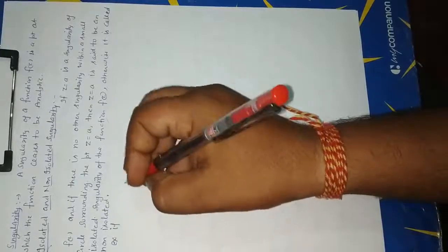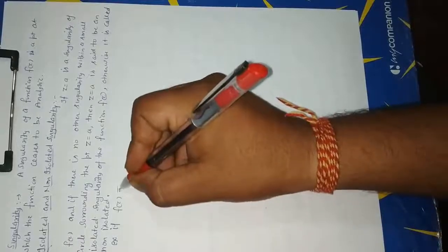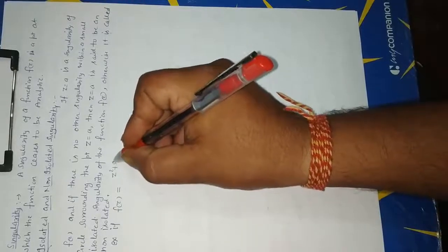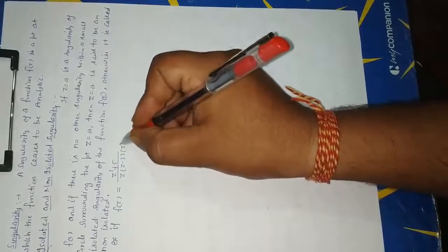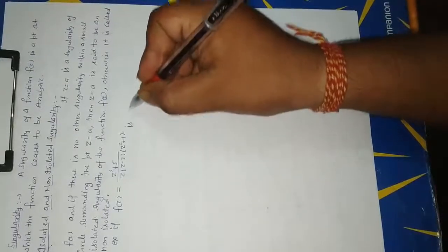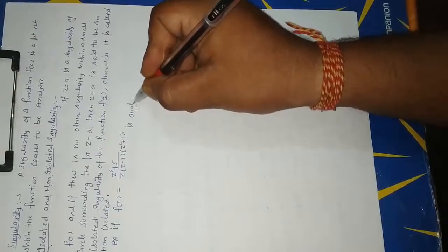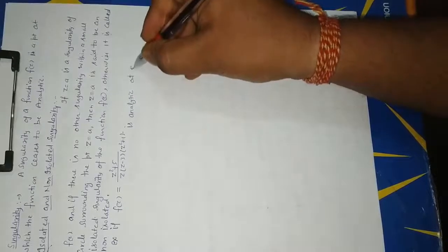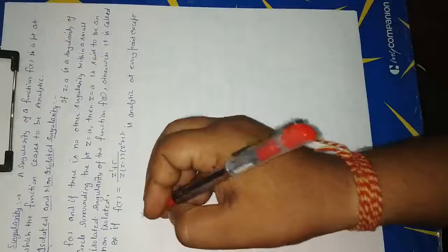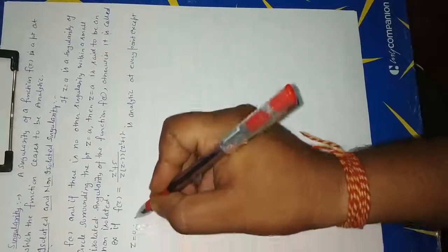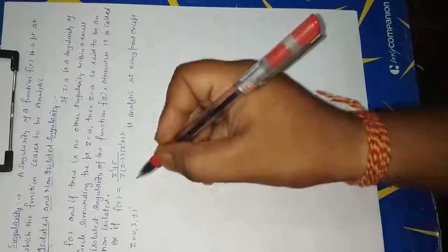If f(z) equals (z squared plus 5) upon z(z minus 3)(z squared plus 1), it is analytic at every point except z equal to 0, 3, plus minus i.